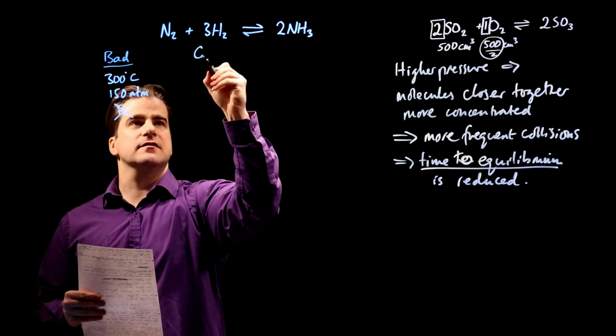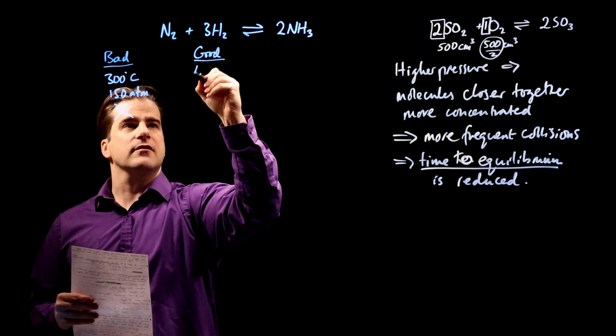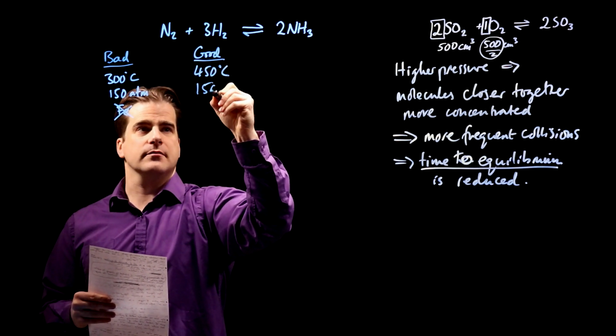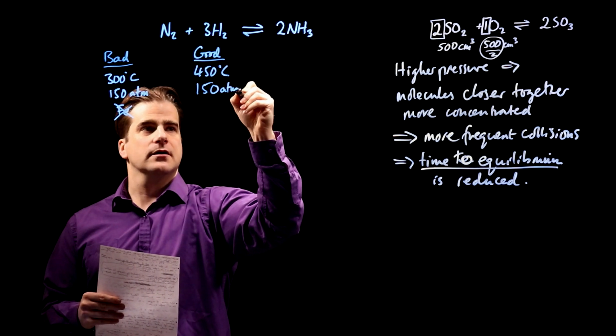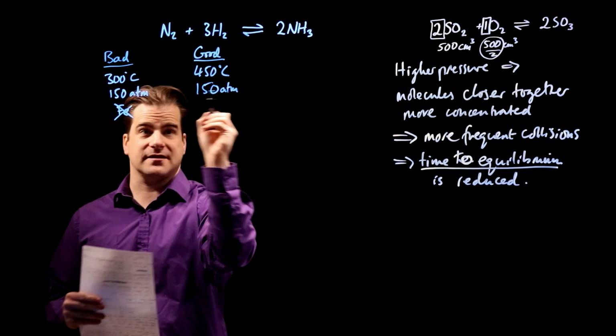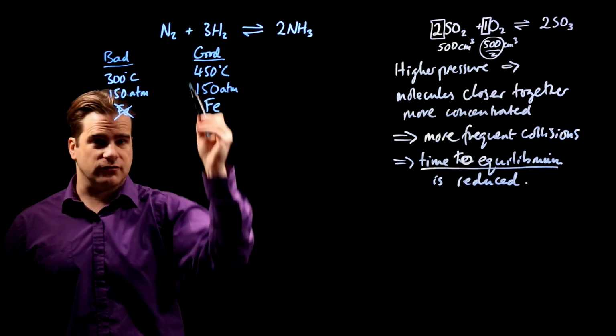The good conditions, and these are the ones that you need to learn, 450 degrees C, they've used the same pressure, so it's asking about temperature. We don't have to talk about pressure because it's the same, and an iron catalyst, okay? So learn those conditions right now.